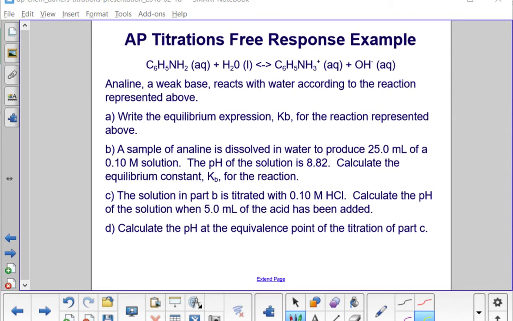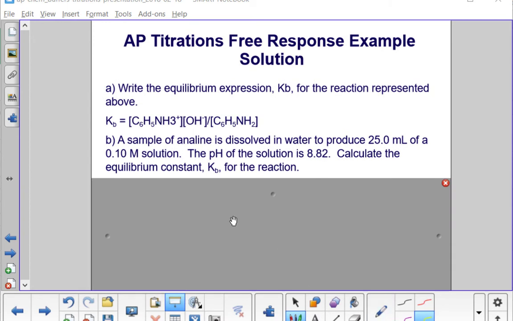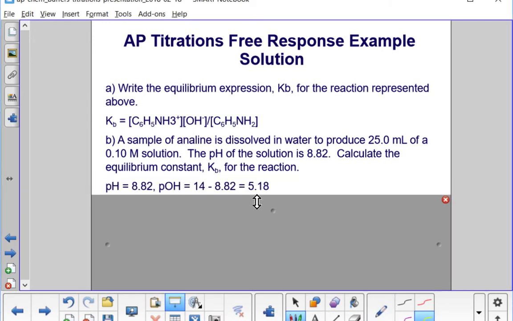Part B, a sample of aniline is dissolved in water to produce 25 milliliters of a 0.1 molar solution. The pH of that solution is 8.82. Calculate the equilibrium constant Kb for the reaction. The first thing we can do is, knowing the pH, calculate the pOH.